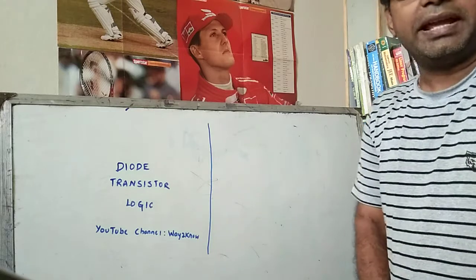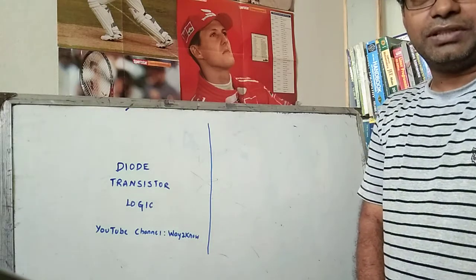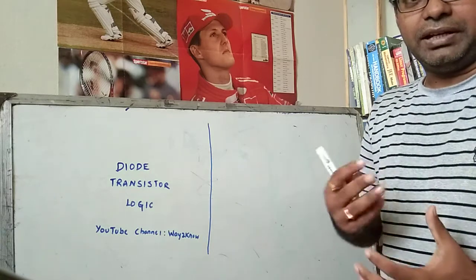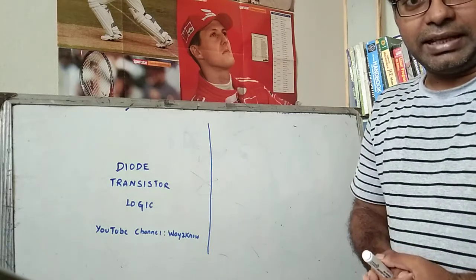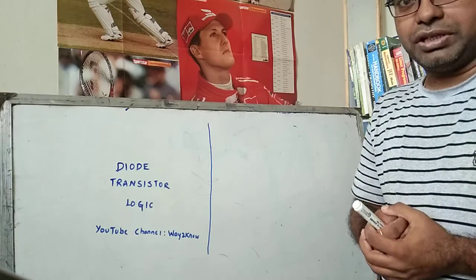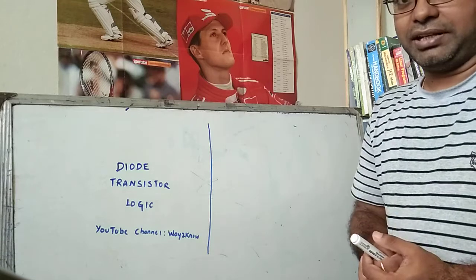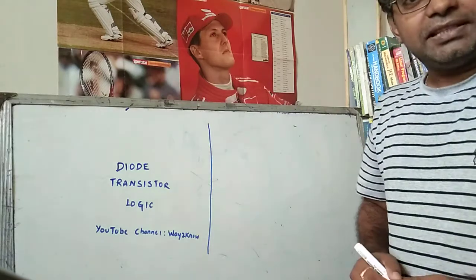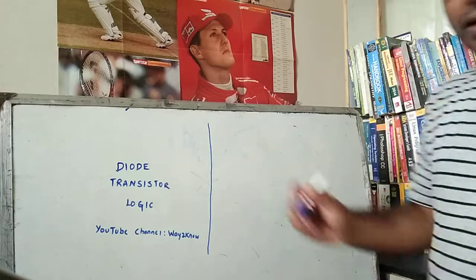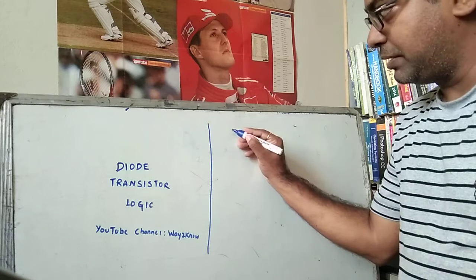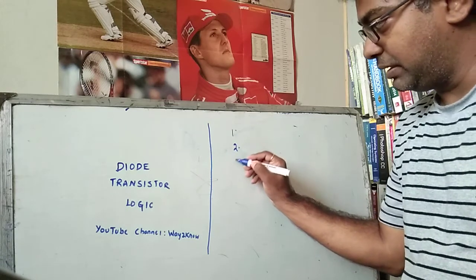The diode transistor logic came into picture based on the different disadvantages that are seen with the previous logic families like the RTL, resistor transistor logic. So now we will jump straight away into the diode transistor logic circuit. Basically, a diode transistor logic circuit comprises three sections.